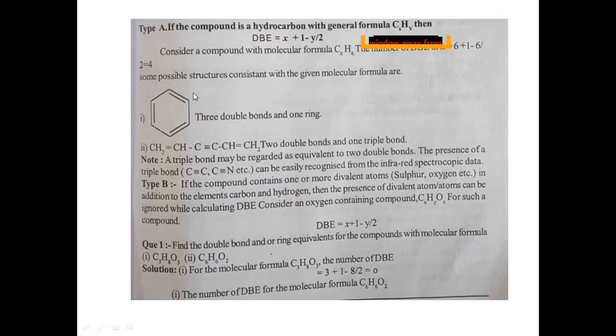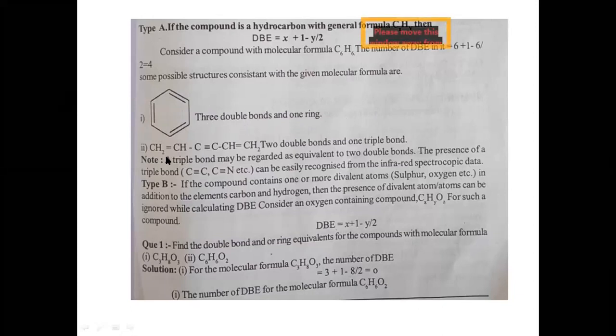Now 4 unsaturations are there, 4 double bonds are possible here. Such type of structure may be possible for 4 double bonds. So 3 double bonds and 1 ring. 1 ring corresponds to 1 unsaturation here. So these are the three double bonds plus 1 ring.